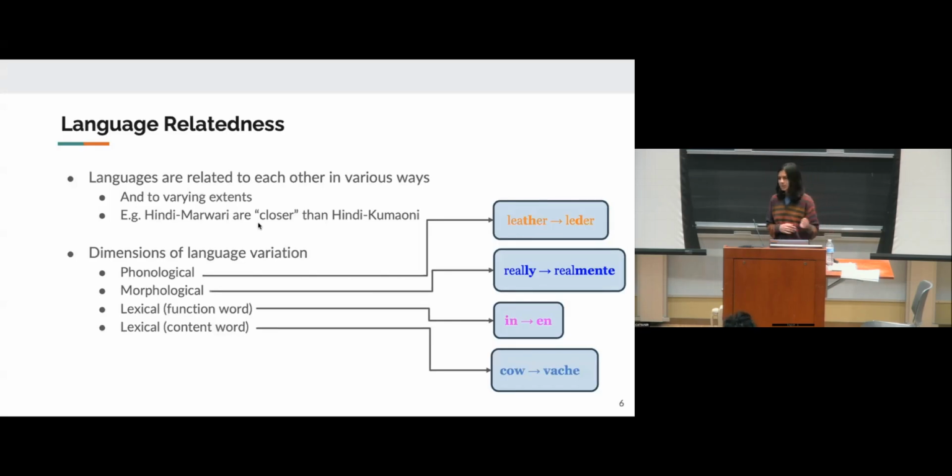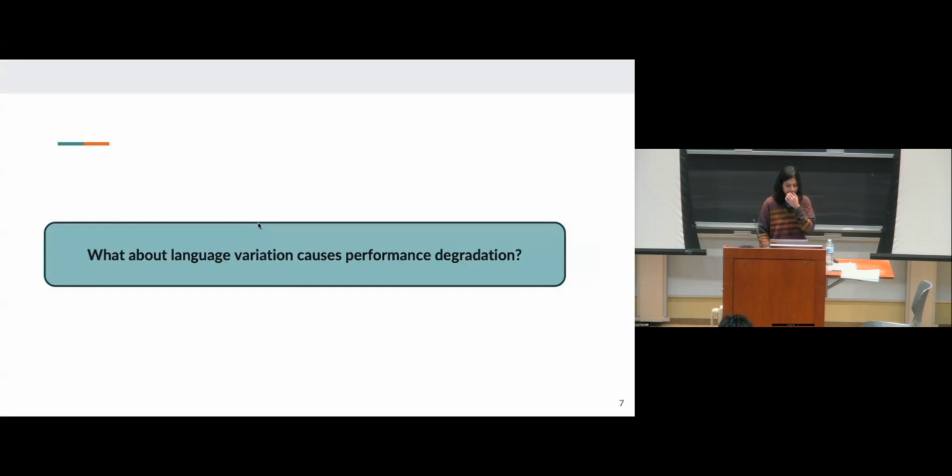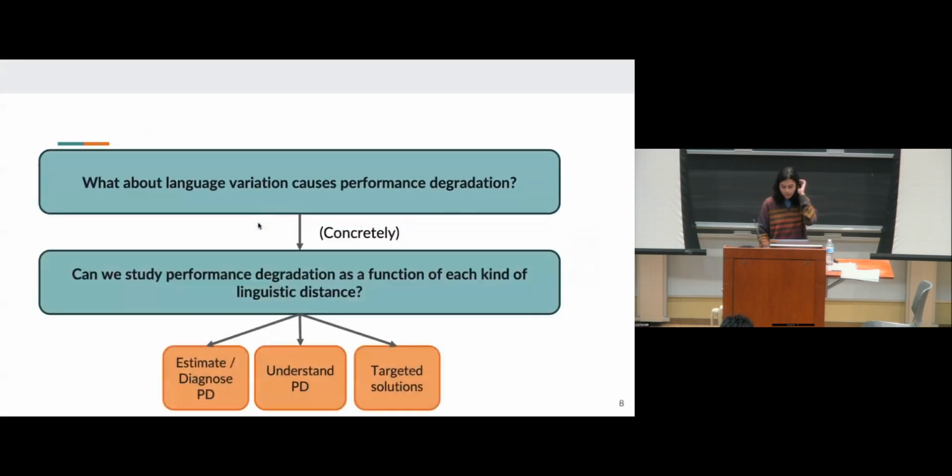And the reason we do this is because of the intuition that these two classes of words differ in how they vary across dialects. And so we can frame this as a question of studying performance degradation as a function of each kind of linguistic distance, right?